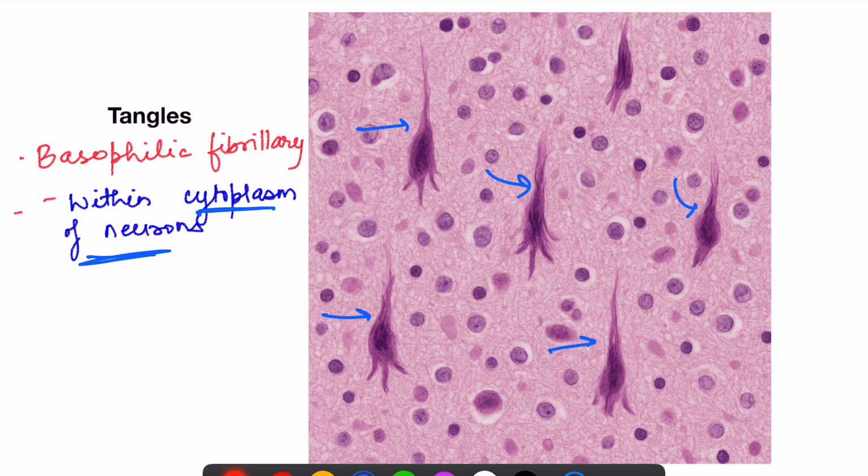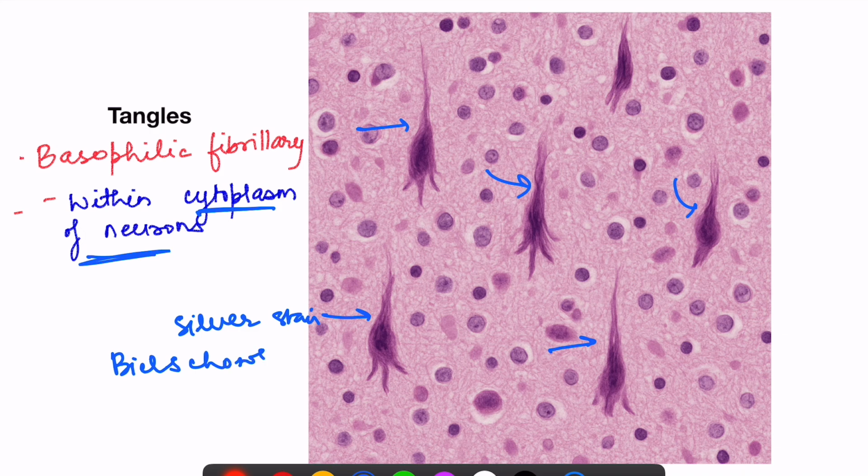So we saw that amyloid plaques deposit extracellularly. Neurofibrillary tangles deposit intracellularly within the cytoplasm. The stain for amyloid plaque, I told you, is Congo red. These neurofibrillary tangles can be stained better with a silver stain known as Bielschowsky stain.